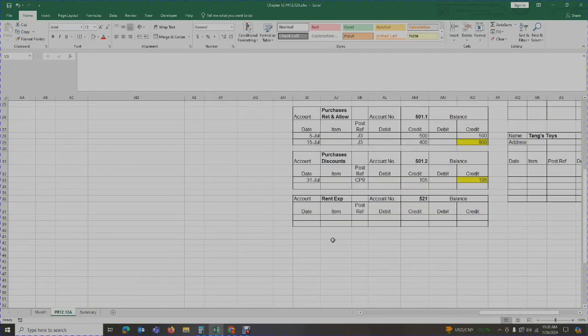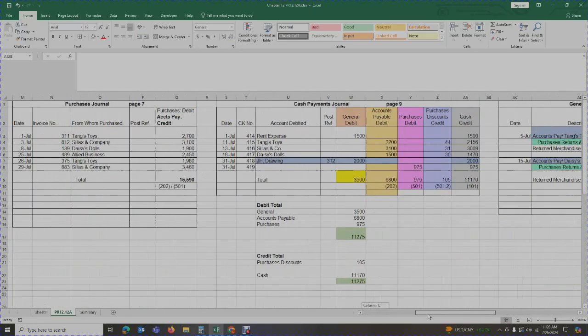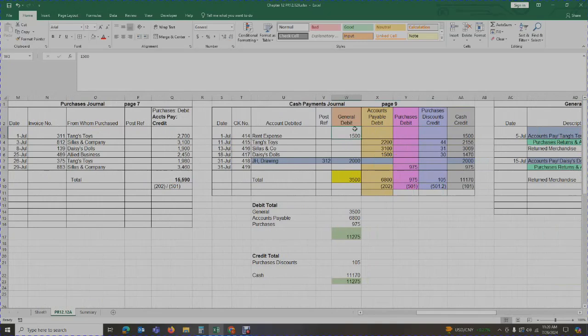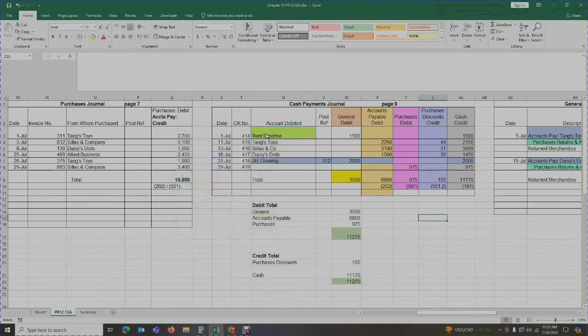Okay, so then last but not least, we've got our rent payment. Remember, we made a cash payment for rent. So let's look at that. So now we have the general account, and the account I'm going to be using is the rent expense. Okay, so we have rent expense for $1,500.